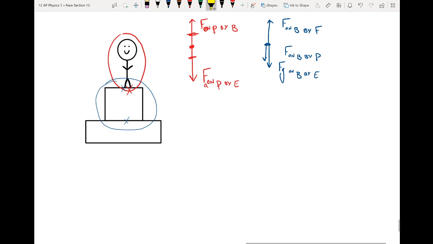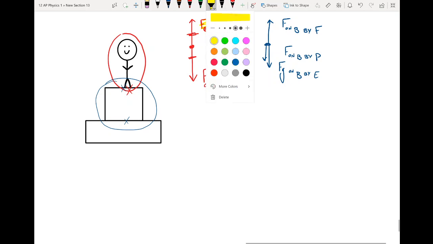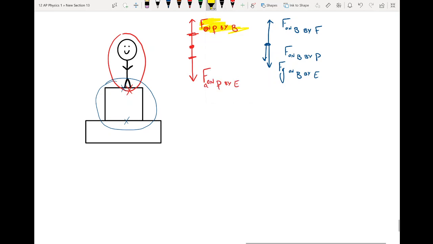Now I'm going to start highlighting my pairs. I have a force on the person by the box that's acting upwards, and I have a force on the box by the person that is acting downwards. So these are an action-reaction pair.